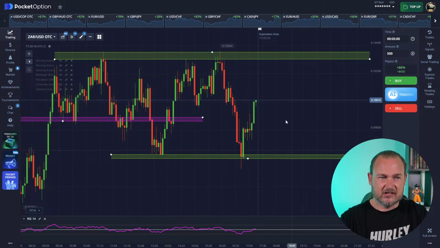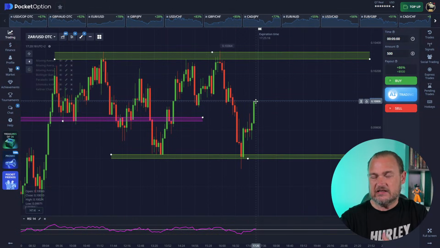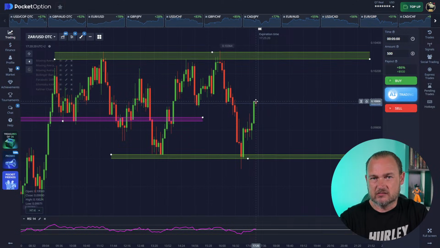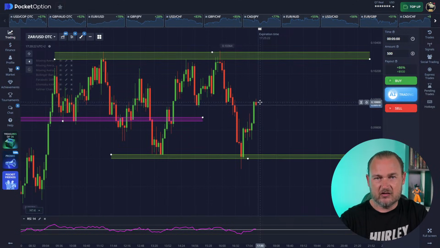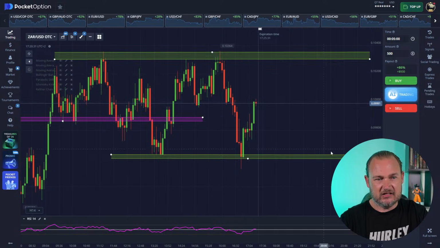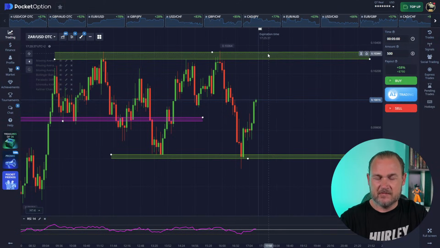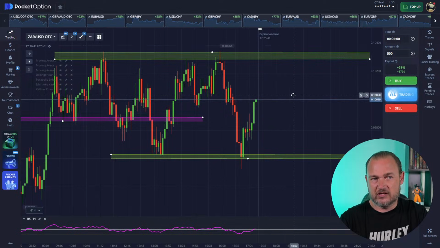Most likely, price is going to do one of two things now from this area here. It's either going to go up or it's going to go down. That's all it can do. It cannot do anything else. So we know we are caught in a kind of a channel. So price is either going to go up and hit the resistance area, and when it does, it can break through or get rejected.